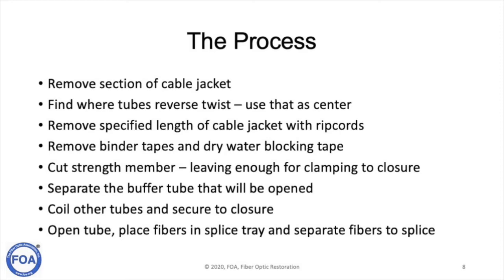Next, you'll separate the buffer tube that will be open for the drop fibers from the other tubes, which you will coil up and secure in the splice closure. Then you'll open the tube for the drop fibers, remove all the fibers, place them in a splice tray, separate the fibers for the drop, and splice them to the drop cable. Sounds simple, doesn't it?